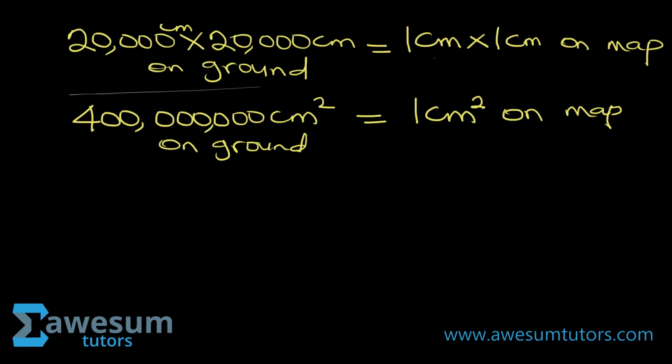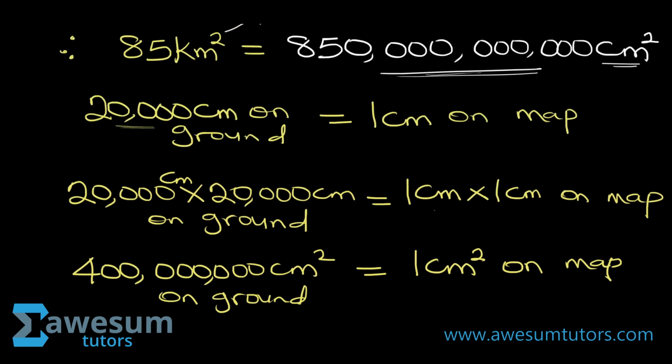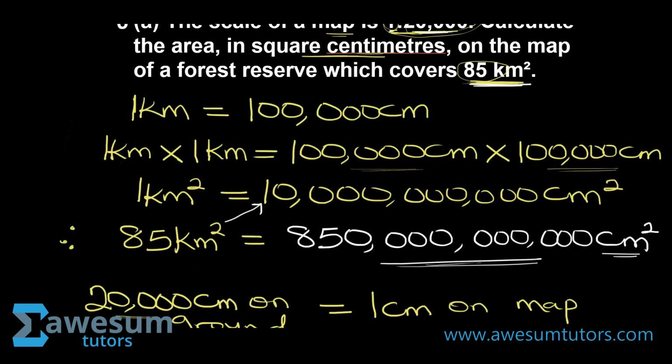Now the question asks us what is the area in square centimeters on the map of a forest reserve which covers 85 kilometers square. Remember, we have been able to convert 85 kilometer square into centimeter square, which is 850 billion centimeter square, right?